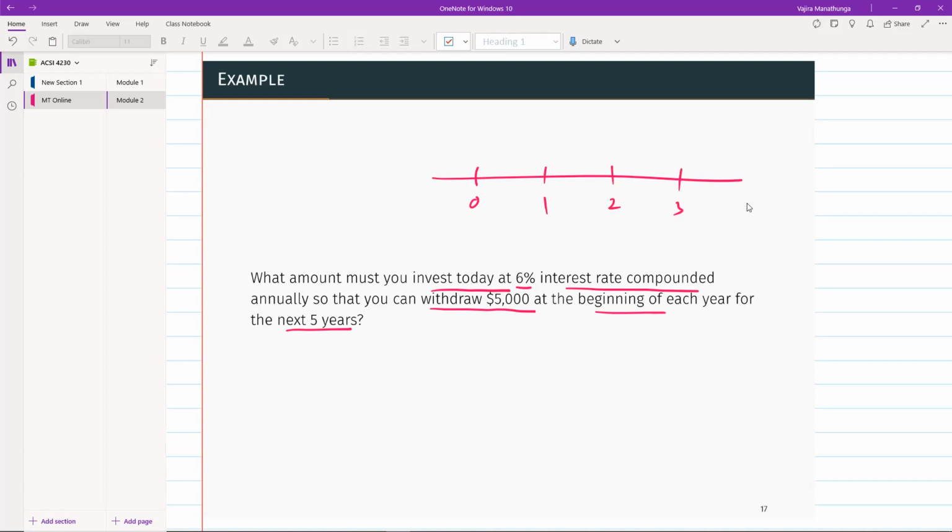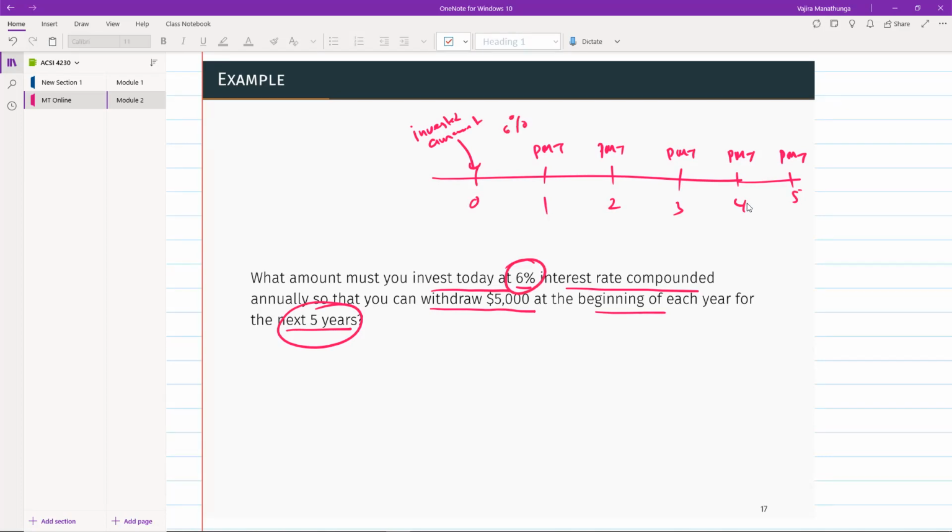We need how many payments for the next 5 years? So 1, 2, 3, 4, 5. Here I want to withdraw money, payment, payment, payment, payment, payment, and then here becomes the invested amount. And the rate is 6%.